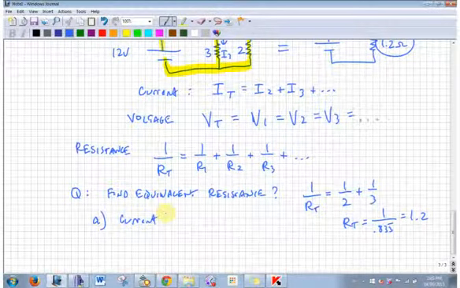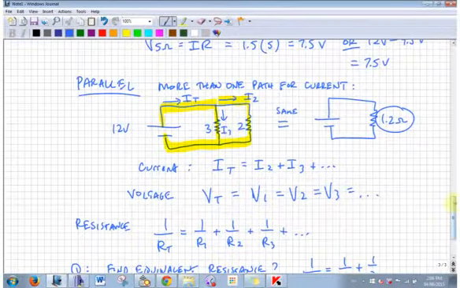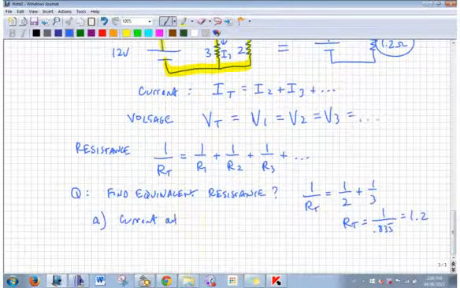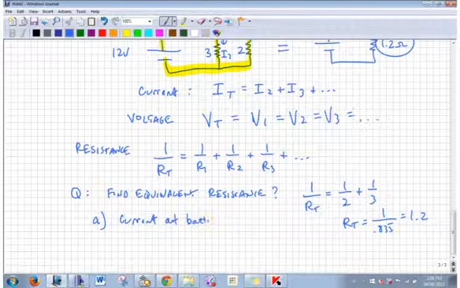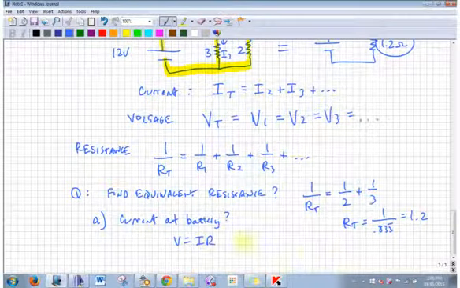Now I have to be specific here because it's not just what's the current, because there's 3 different currents here. What's the current at the battery? V is IR.